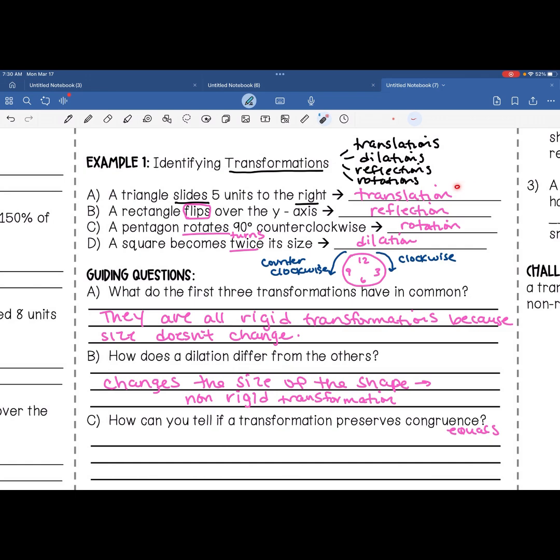So if you see that a shape is getting translated, reflected, or rotated, we know that the shapes are going to remain equal. So how can you tell if a transformation preserves congruence? If the shape goes through a rigid transformation, the shapes will be congruent.